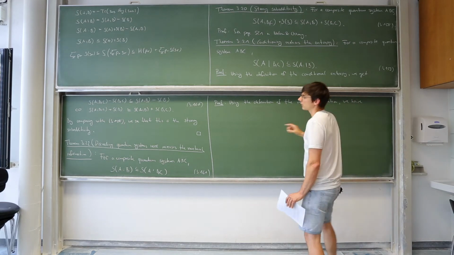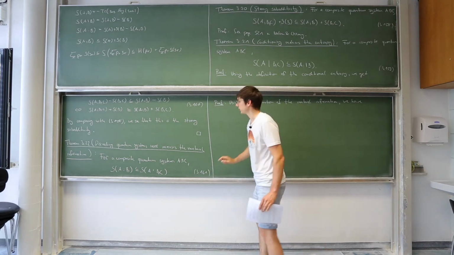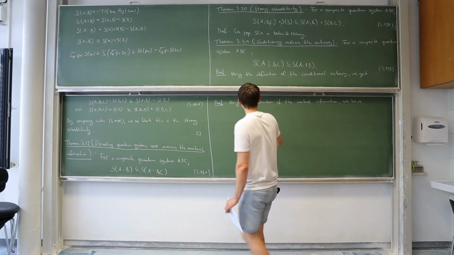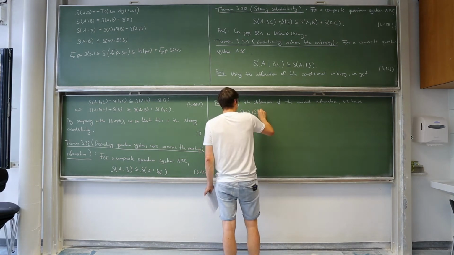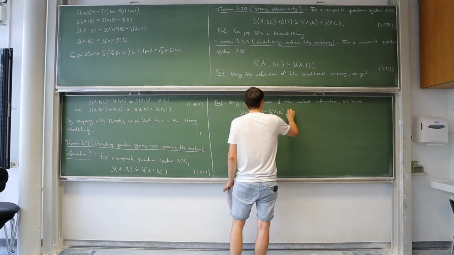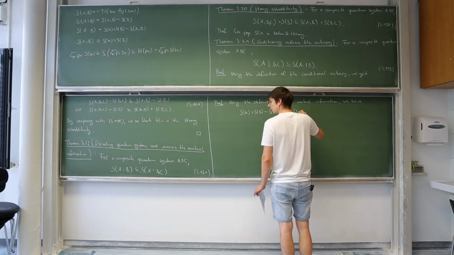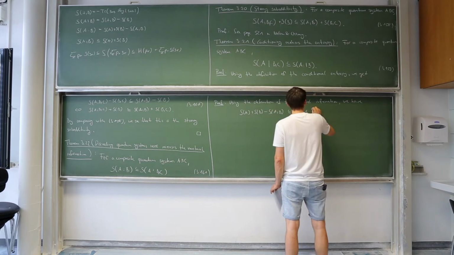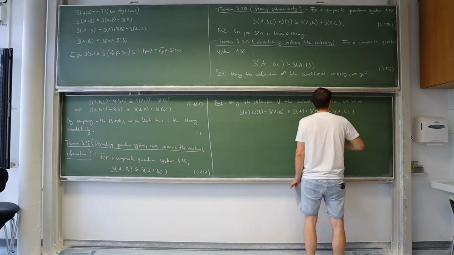We have the following. So we can rewrite this equation 161 as follows, namely as the entropy of A plus the entropy of B minus their joint entropy, smaller or equal to the entropy of A plus the entropy of BC minus the joint entropy of A, B, and C. Right?